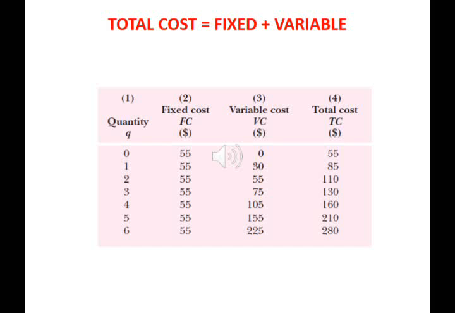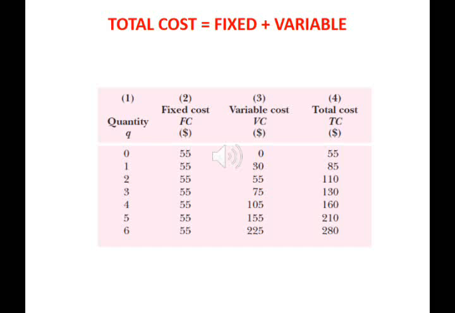What about the total cost? The total cost is the summation of column 2 and column 3. So the total cost facing any firm is equal to the fixed cost that this firm has to pay, okay, no matter what the level of production is, plus the variable cost at this level of output. So as you can see, the total cost is also increasing with the level of output. However, it still has a positive amount when Q is 0, because this is equal to the fixed cost.